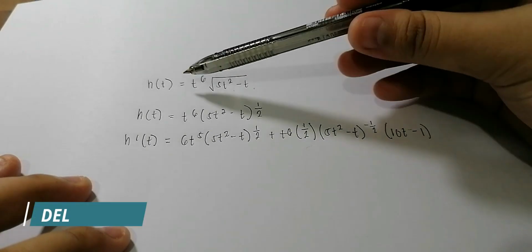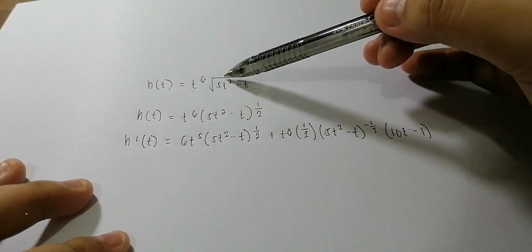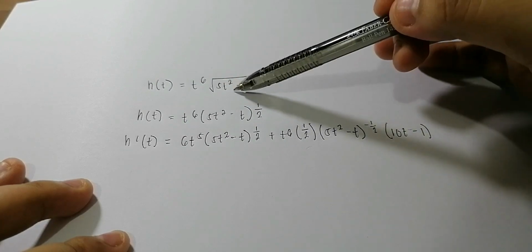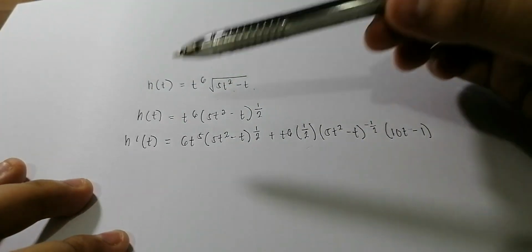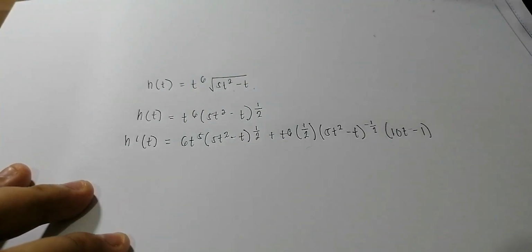So let's say we have h(t) = t^6 times the square root of 5t^2 - t. For this given, we will need to do the product rule to start off the derivative.